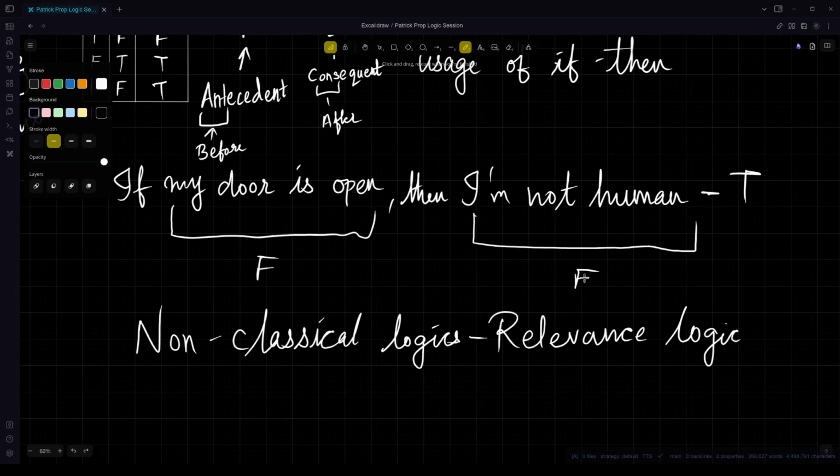So typically in relevance logic, this proposition might not be true, because it's not clear that there is any relevance of the antecedent. There's no relation apart from the logical relation between my door and me being human, right? So relevance logic puts constraints on what kinds of conditional statements are true, and that's a whole different ball game. We'll not get into that for now.